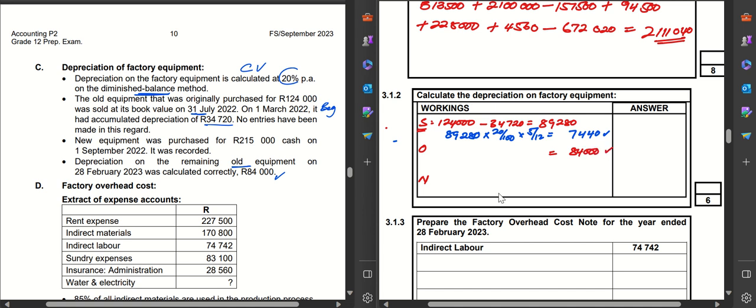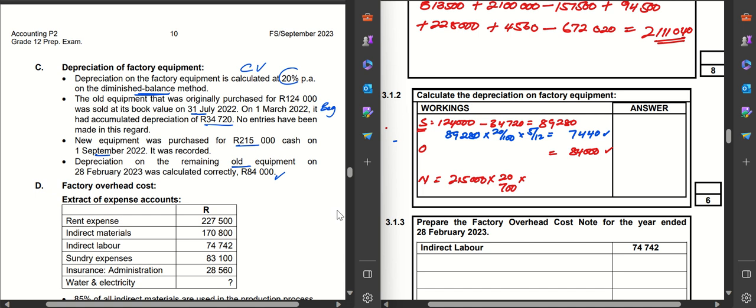Not a problem there. Depreciation on the new: we are told that new equipment is purchased for 215,000. Since it is new, it will not have accumulated depreciation. So you simply multiply this by 20 over 100, and then you want to know for how many months you had it. The new equipment was purchased on 1 September.